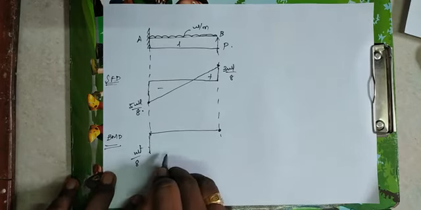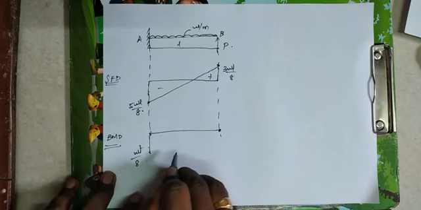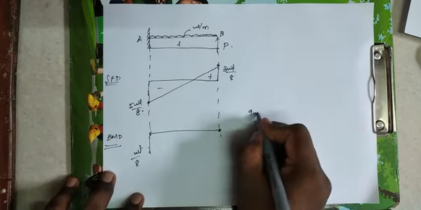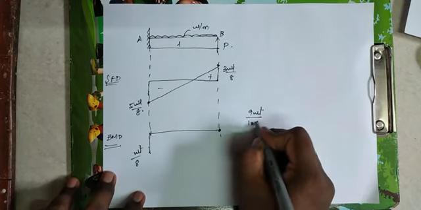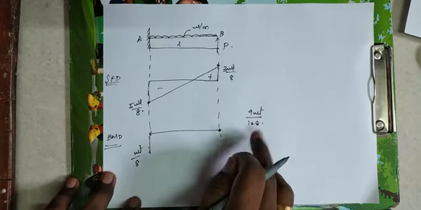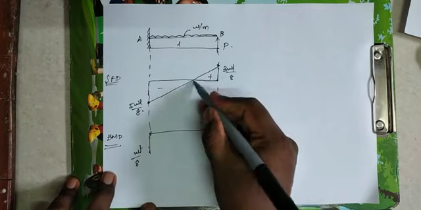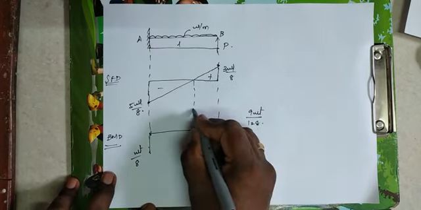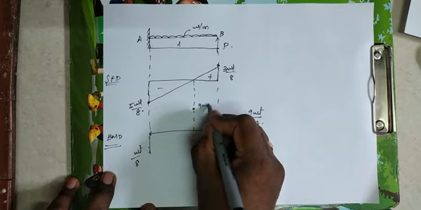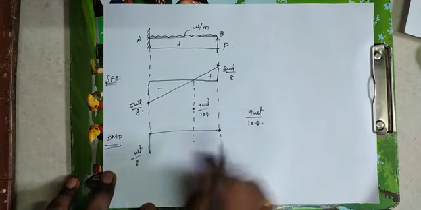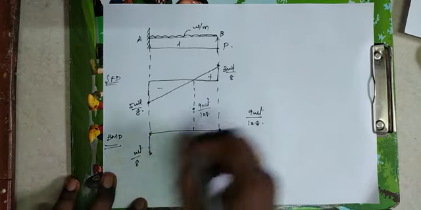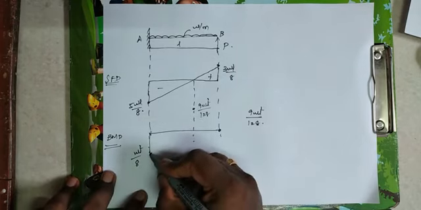But here we have already found out that the maximum bending moment is 9WL square by 128. Maximum bending moment will occur where shear force is 0. So this is a positive value. Mark 1 point x, that is 9WL square by 128. By joining these 3 points, we can get the bending moment diagram.